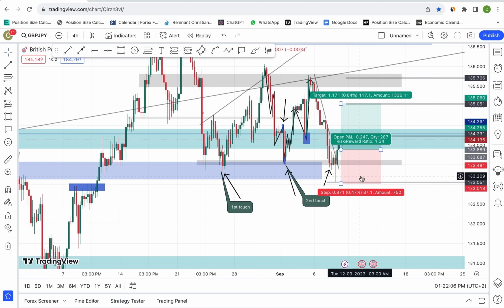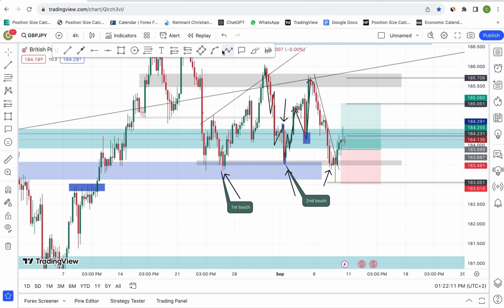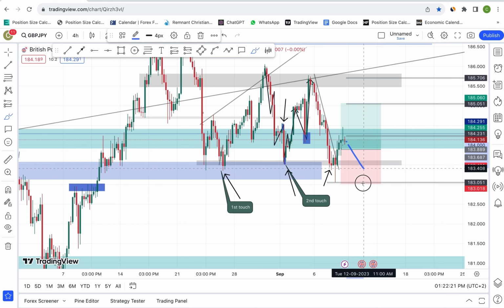So you have to calculate your losses. It's possible for this trade to come down from here, giving us a W pattern, touch this trend line again, or give us a spike again before it moves again. It's possible. Anything is possible.